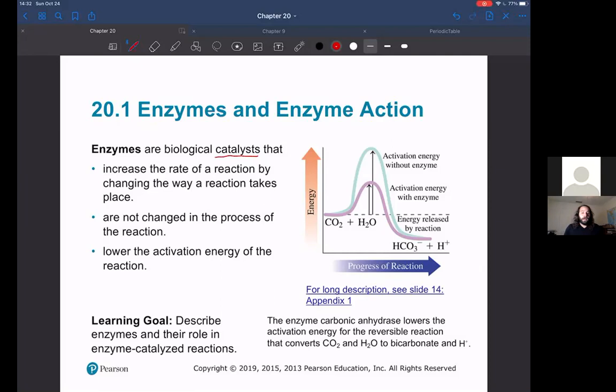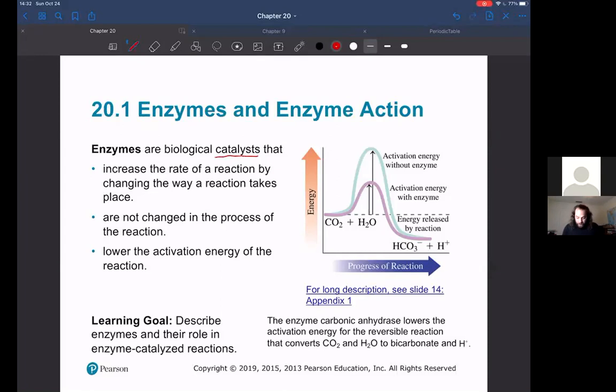Okay. And so that's exactly what an enzyme does, it increases the rate of a reaction in the cell. It is not changed or consumed at all in that reaction. So a catalyst is something that's not consumed. And enzymes, likewise, after they get done catalyzing the reaction, they're just their old normal self again.